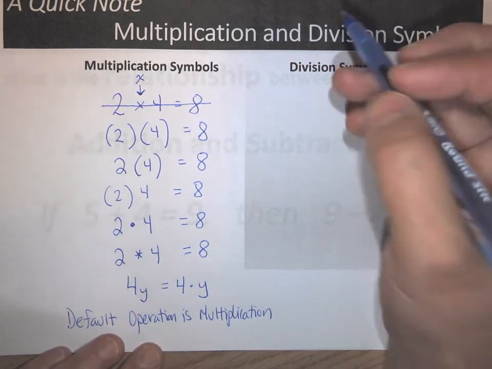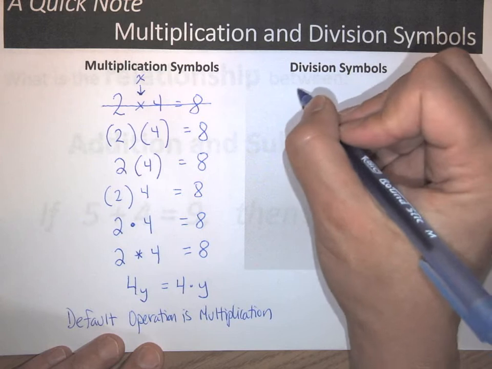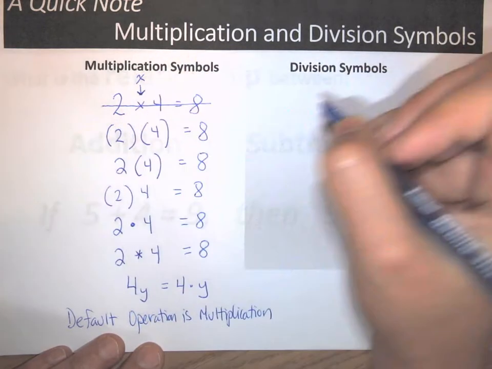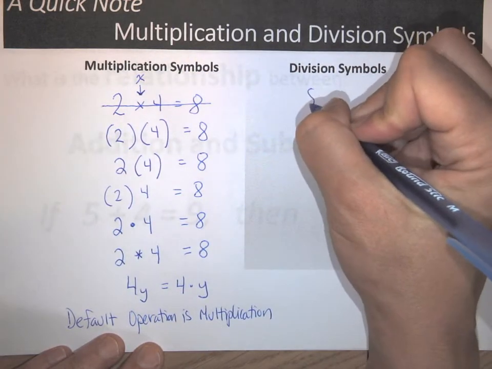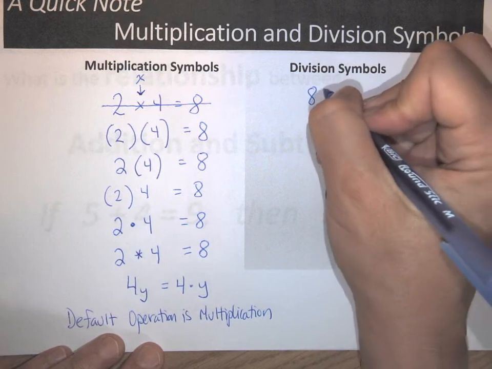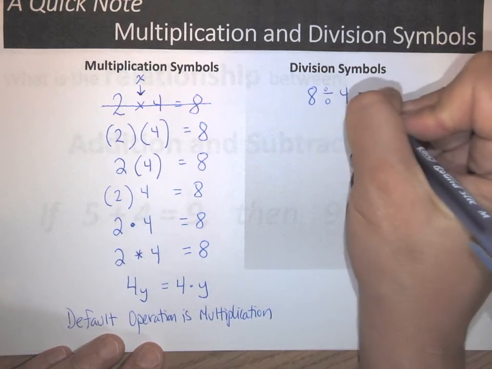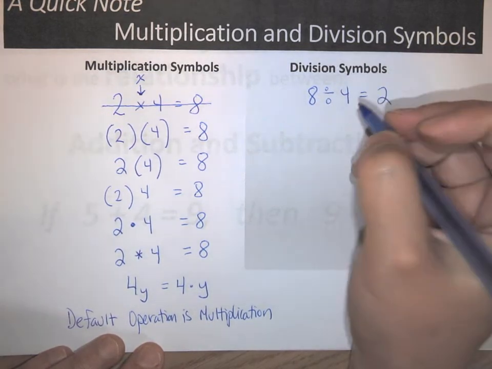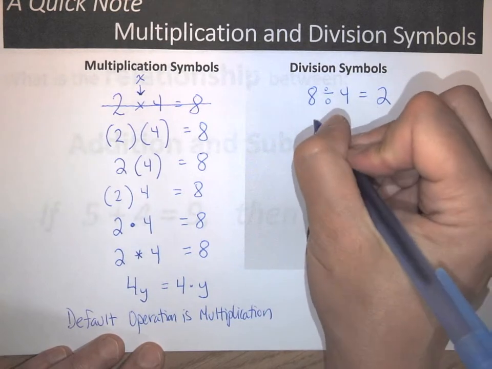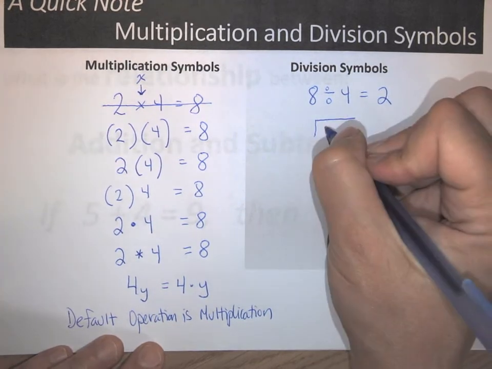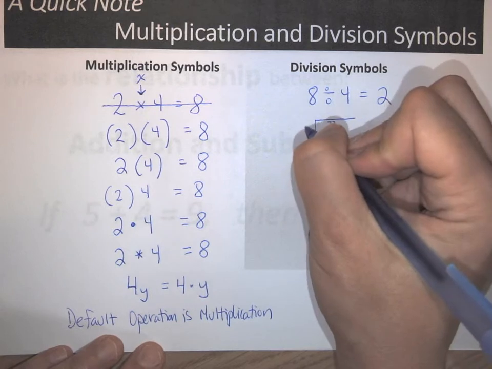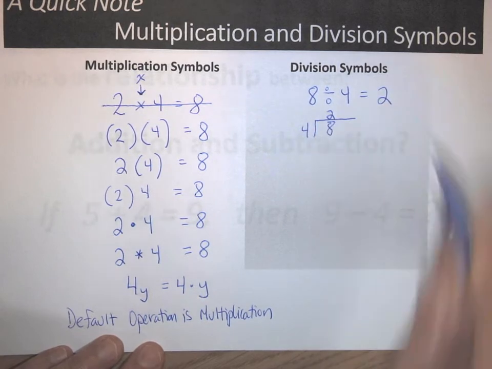Then if we look at division, we have 2 common ways when we're working with arithmetic. Let's do this one in reverse, the inverse. So if I take 8 and divide it by 4, that's equal to 2. Or if I wanted to use the long division symbol, that's everyone's favorite, I would say 8 divided by 4 is 2.